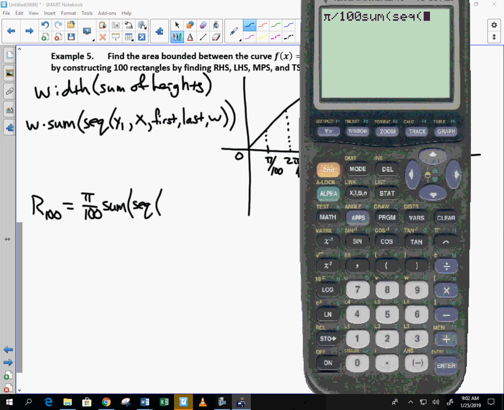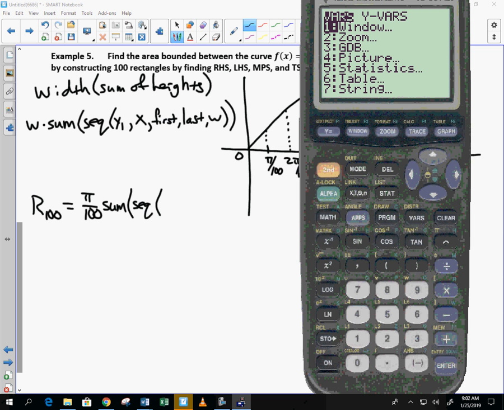So I'm going to show you both ways, okay? You ready for both ways? If I go into y equals, I already have it there. I type in sine of x. Then in my work here, that's my y1 variable. And the way you access the y1 variable is you press vars for variables.